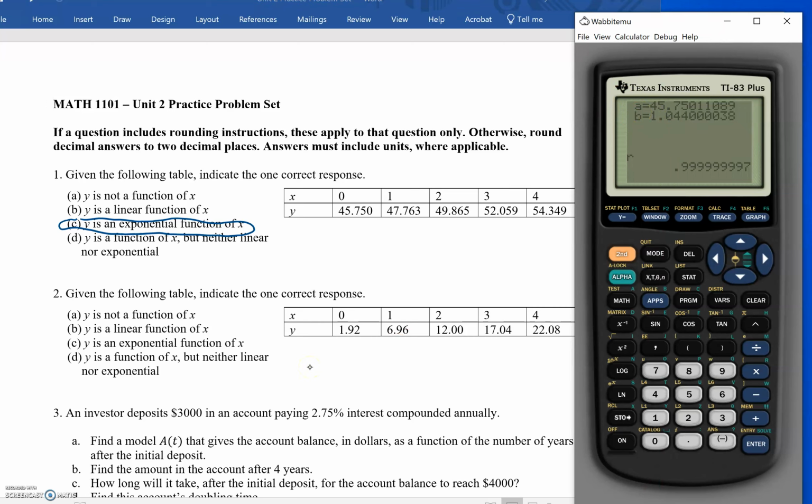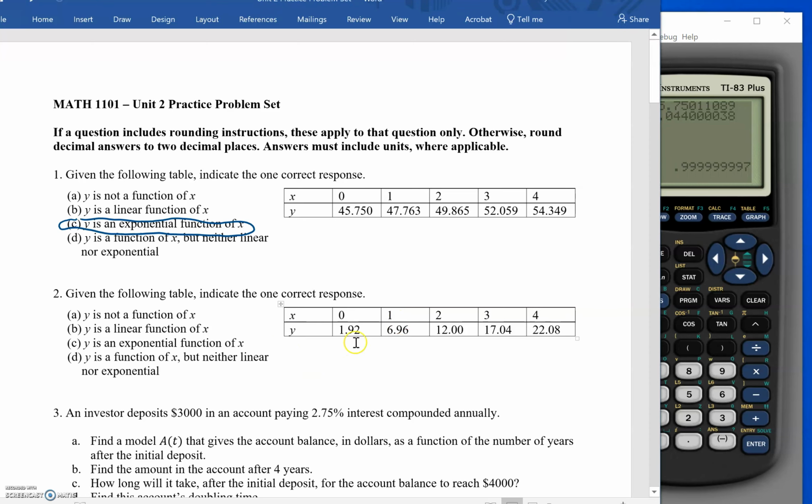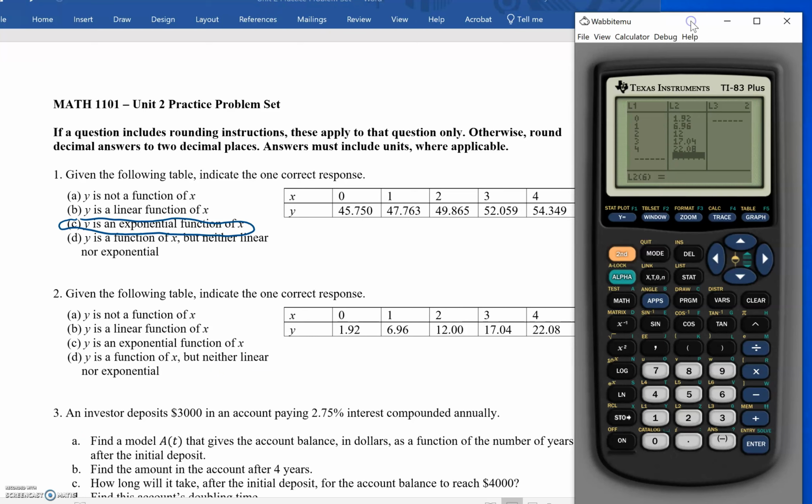All right, let's move on to number 2. I'm going to enter this data off screen as well. Okay, so I've entered my data for question number 2, 0, 1, 2, 3, 4, and then here's the associated y values. And just like number 1, I'm going to first look at the average rates of change.